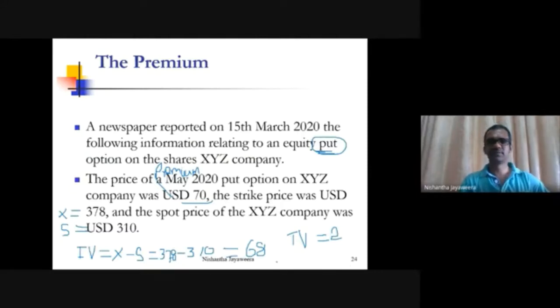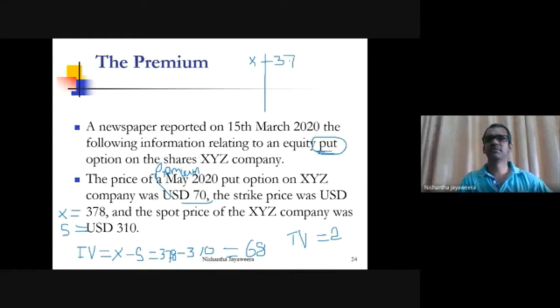Why is that? The reason is, the strike here is 378, and the spot is somewhere here, 310.